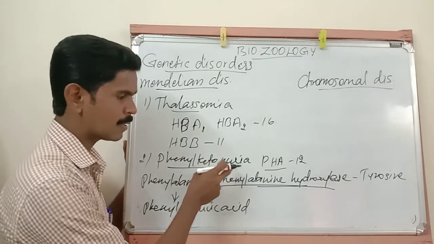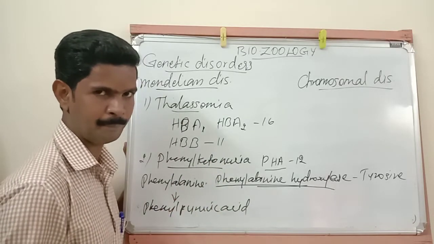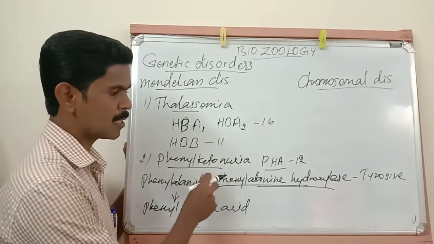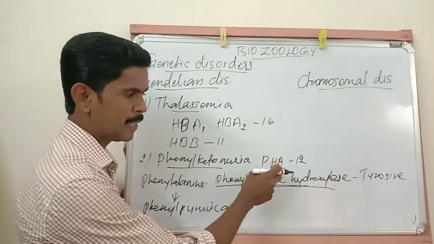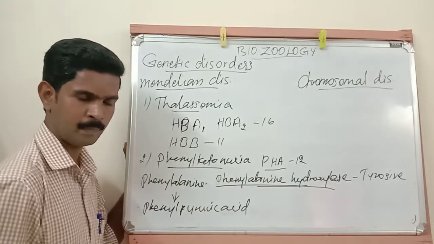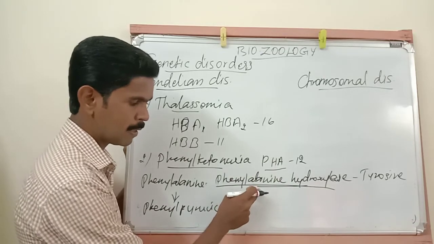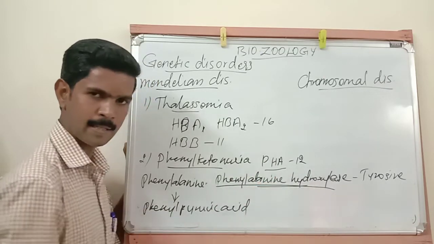Phenylketonuria is a disorder due to an inborn error of phenylalanine metabolism. The gene responsible is the PHA gene, located on the 12th chromosome, and this gene controls the production of the enzyme phenylalanine hydroxylase.